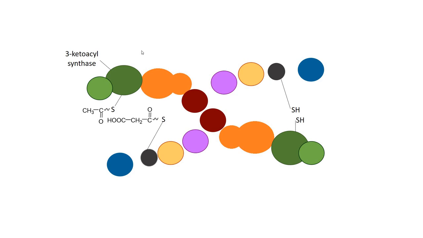The carboxylic group from malonic acid will be eliminated as carbon oxide. As a result, ketoacyl acyl carrier protein forms.